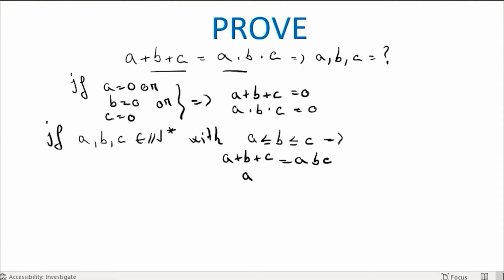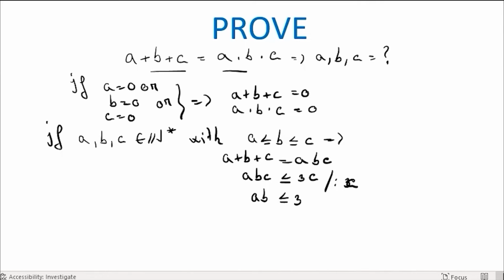So in this case, ABC is less or equal than 3C, yes? Now, if we divide it by C, we have AB less or equal than 3.